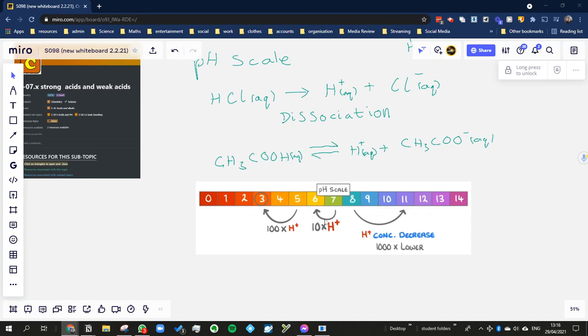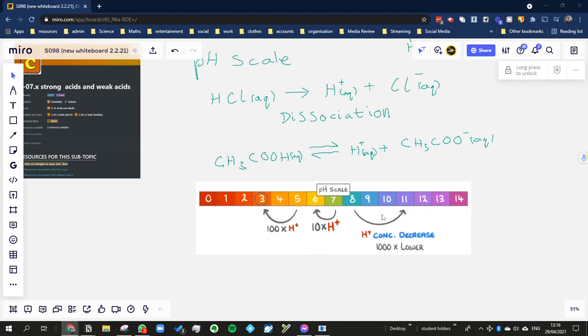I forget the actual formula, but it comes up in A-level. So as you went from 7 to 6, you're going to have 10 times as much concentration of protons, whereas if you went from 5 to 3, you would have 100 times as much concentration.